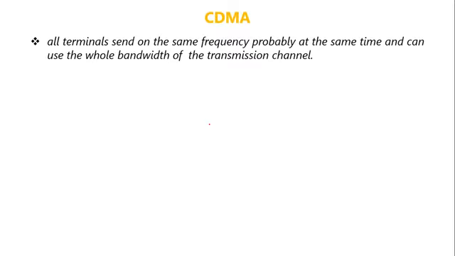So the next medium access technique that we'll be discussing is CDMA, code division multiple access. This is very different from all other techniques because here the medium is not shared based on frequency or based on time, but it is shared based on some special codes, and using these codes multiple users can communicate at the same time through the medium.